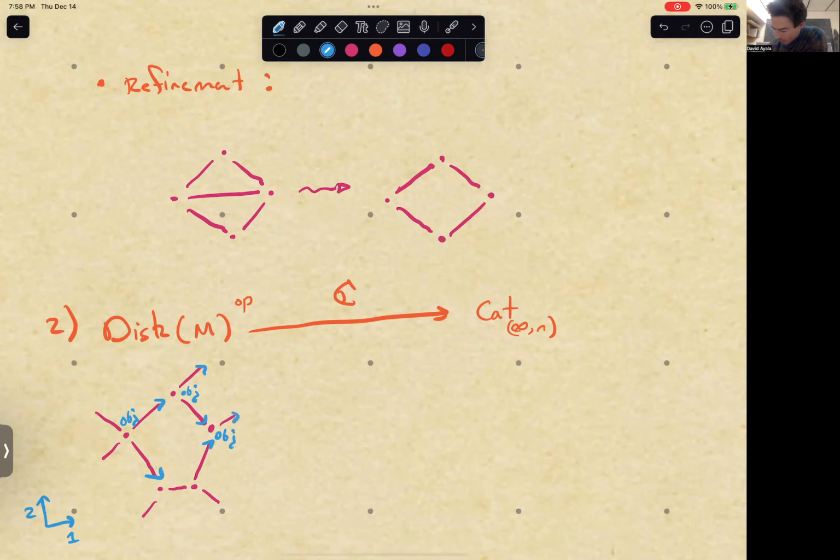And to know which way the arrows go, you make use of the first direction of the framing. You might be wondering, if an edge was vertical with respect to the framing, what direction does that edge go?